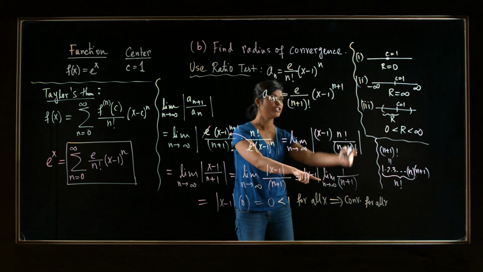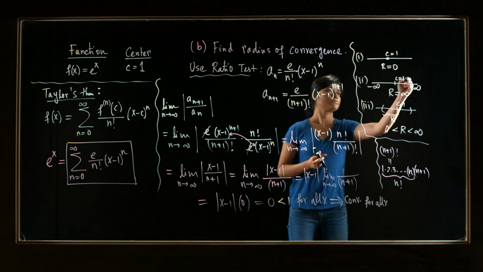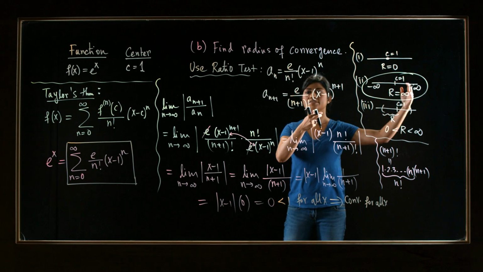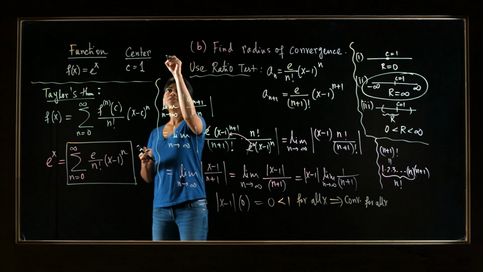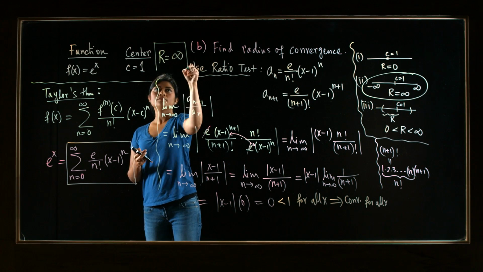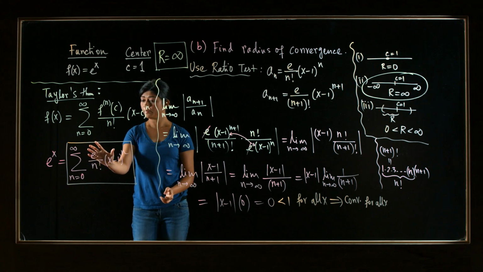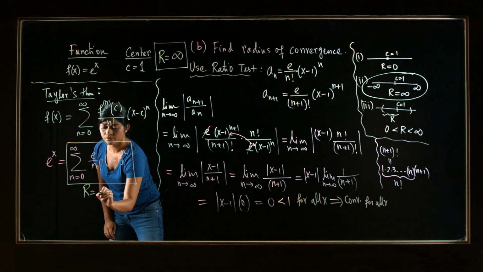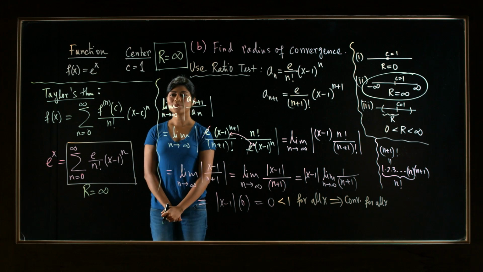And which option is it? It converges everywhere; the whole real line is converging. So the radius of convergence is infinity. So we have the power series expression of the function, and we know that this one converges for all real numbers, so the radius is infinity. That completes the problem. Thank you.